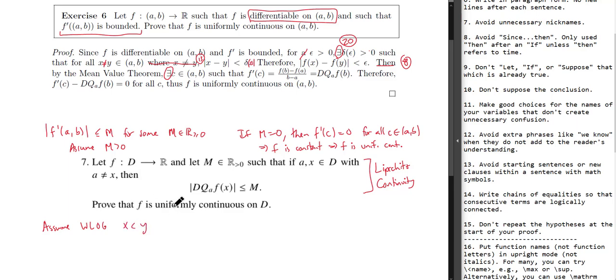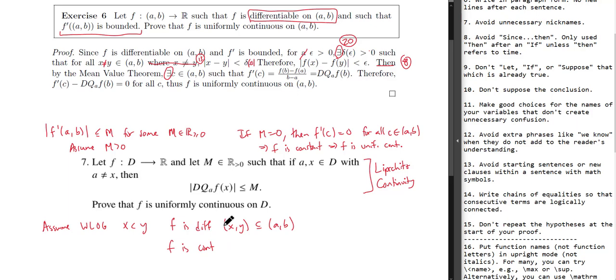And now I know f being differentiable on the entire interval AB, f is differentiable on the subinterval xy, which is contained in AB. Okay, but actually, because x and y are in AB here, I also know, because f is differentiable everywhere inside AB, that f is continuous, right?